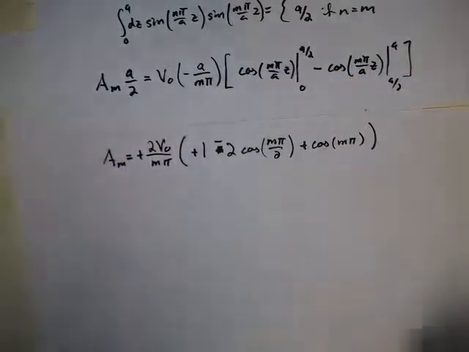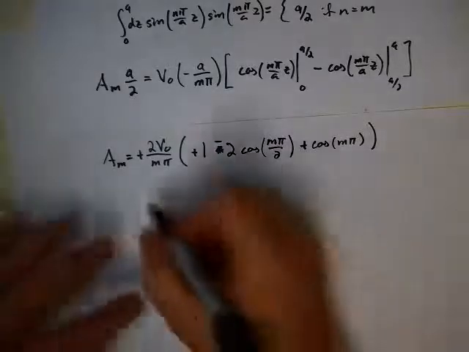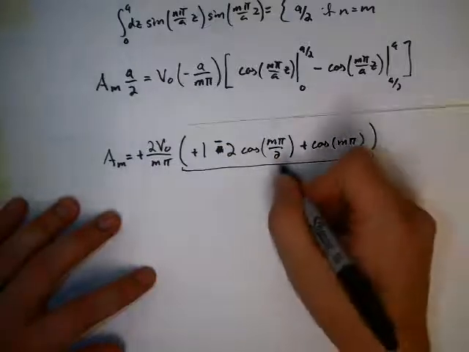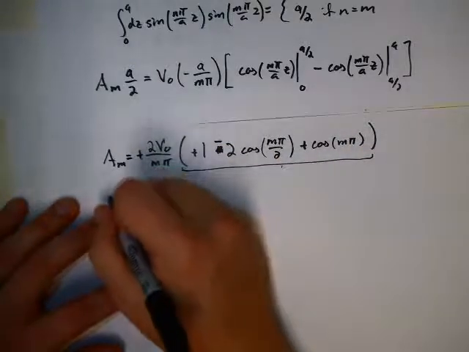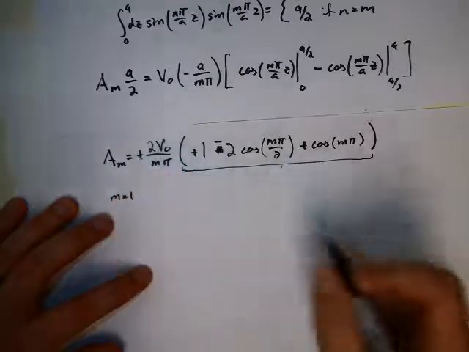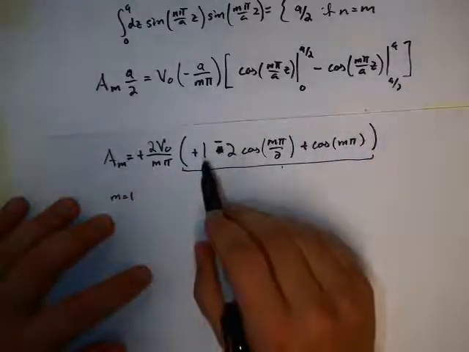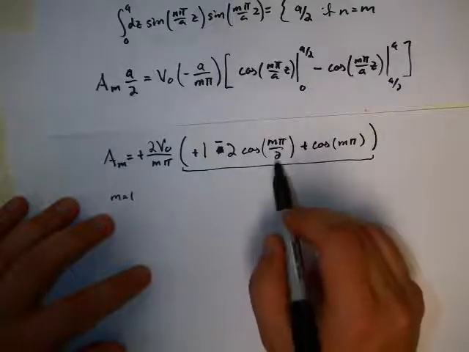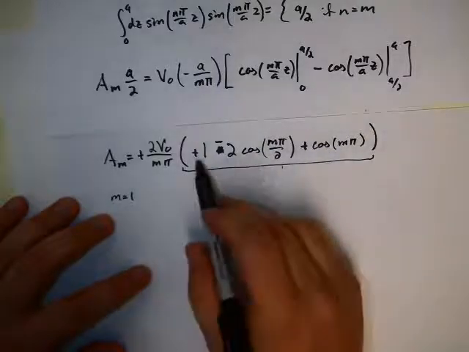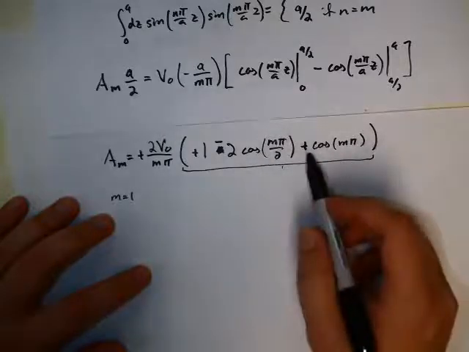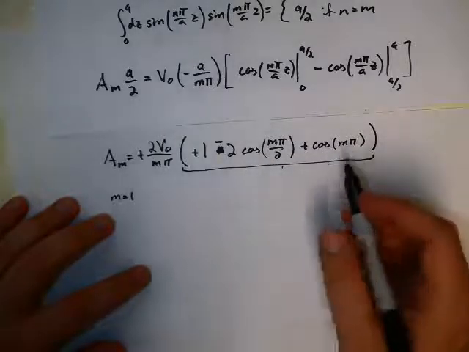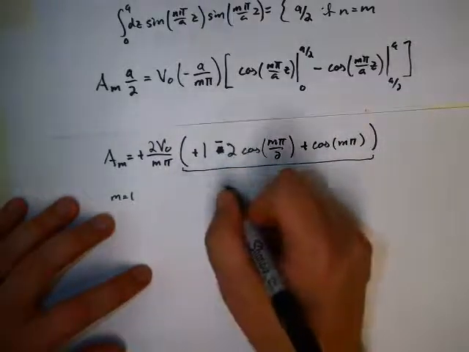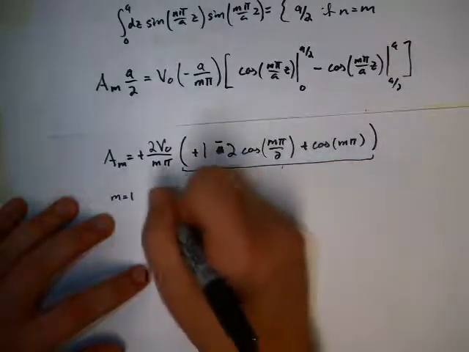And now I can go through and look at a few of these, looking just at the bracketed case here. For m equal to 1, I have 1 minus 2 cosine of pi over 2, which is 0, so 1 minus 0, and then plus cosine of pi, which is minus 1, so 1 plus minus 1 is 0.